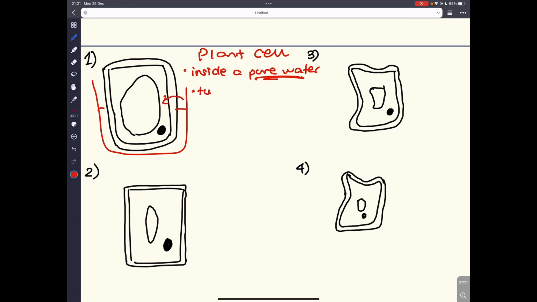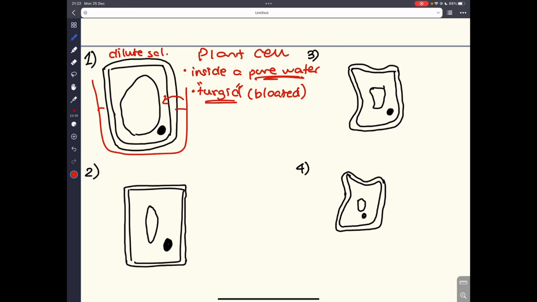This makes the plant cell look very turgid. In a human way, we can describe it as bloated, but we use the scientific term turgid. The plant cell becomes turgid when you put it inside pure water or inside a dilute solution.